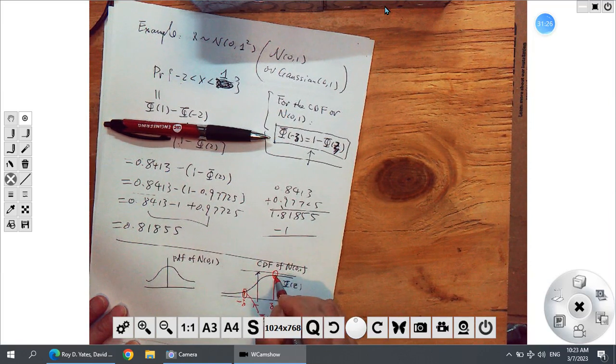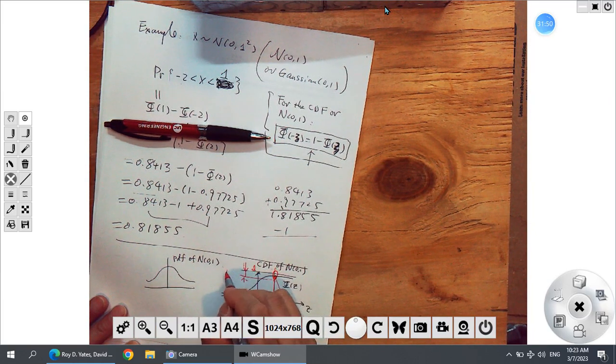And this point is phi of z. And phi of negative z is equal to, now phi of z is this value, and here is the difference between 1 and phi of z. 1 minus phi of z.